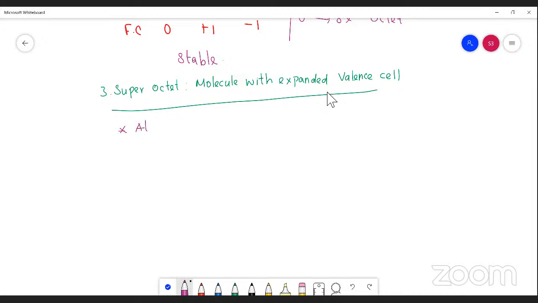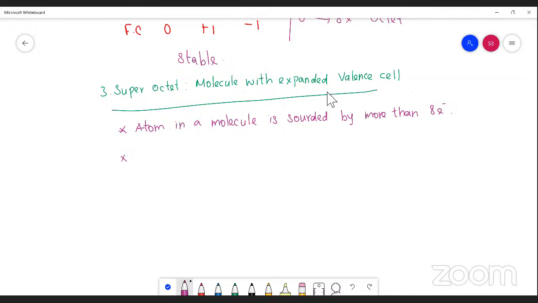So an atom in a molecule is surrounded by more than 8 electrons.